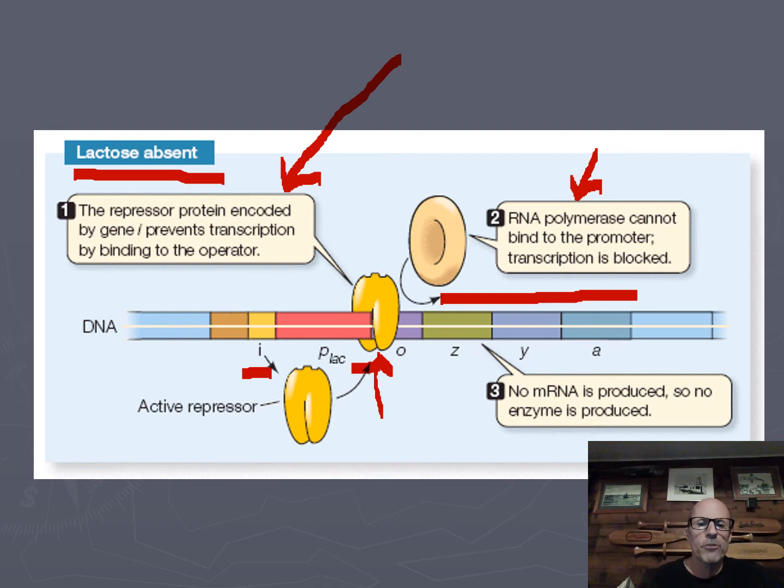So this repressor protein right here kind of just blocks the way like a roadblock and stops RNA polymerase from reading the DNA and causing these proteins to be produced.